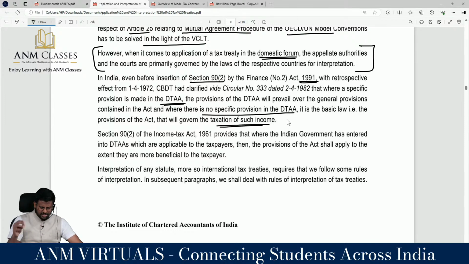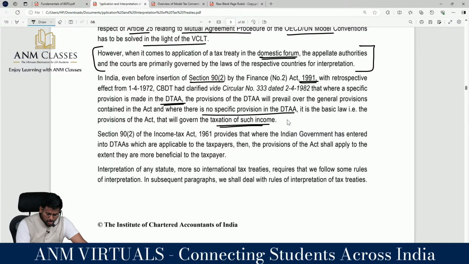As per Section 90(2), we know, either the Income Tax Act or the DTAA, whichever is more beneficial to the assessee. This section was introduced in the 1991 Finance Act. Even before that, CBDT had clarified its intention that we will give whichever is more beneficial to the assessee.